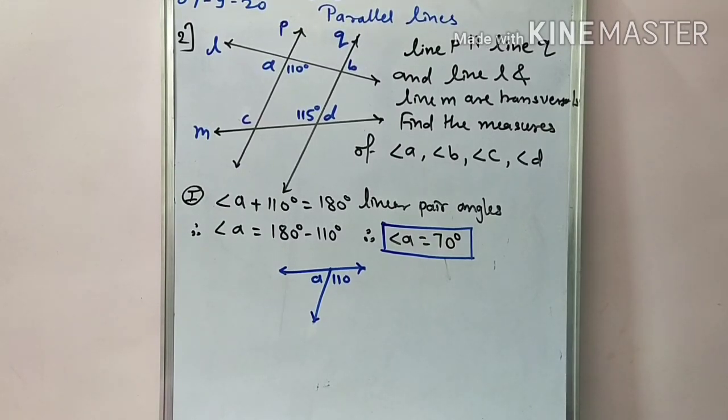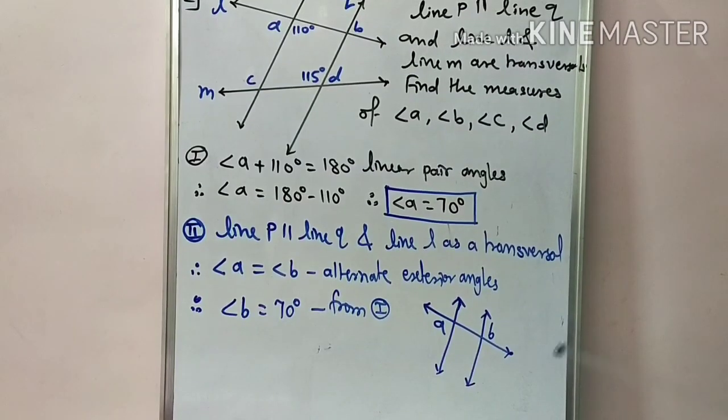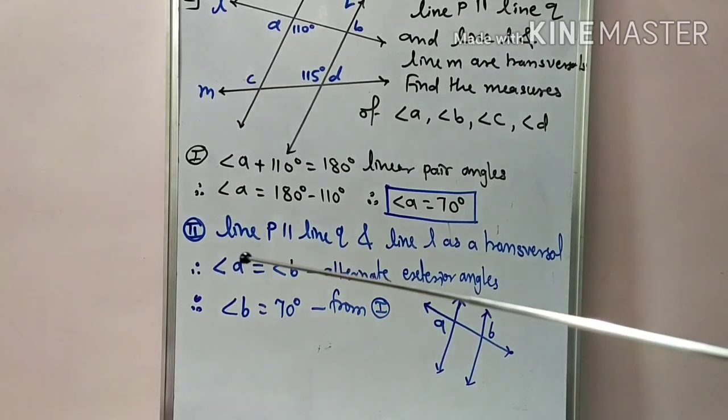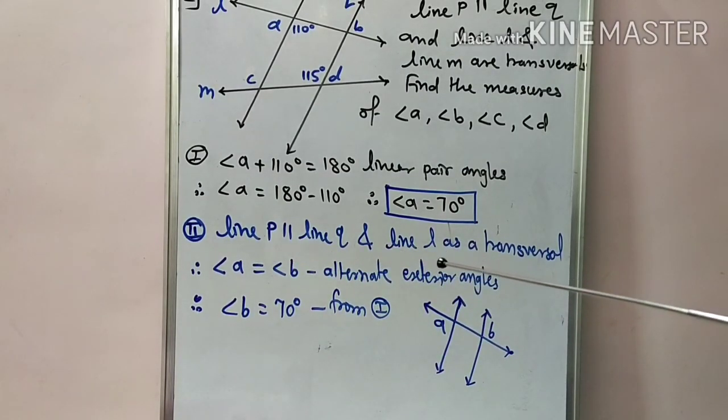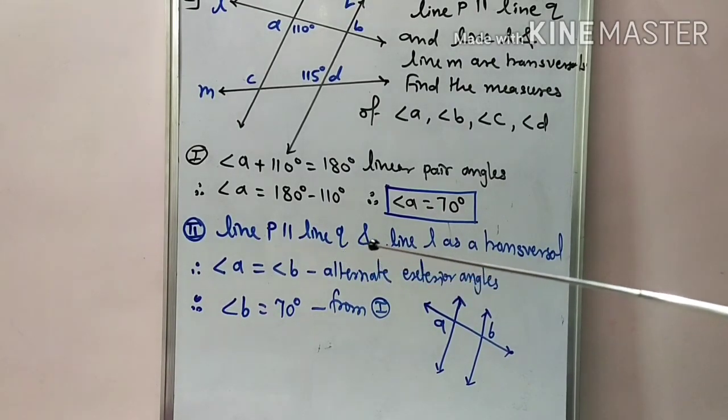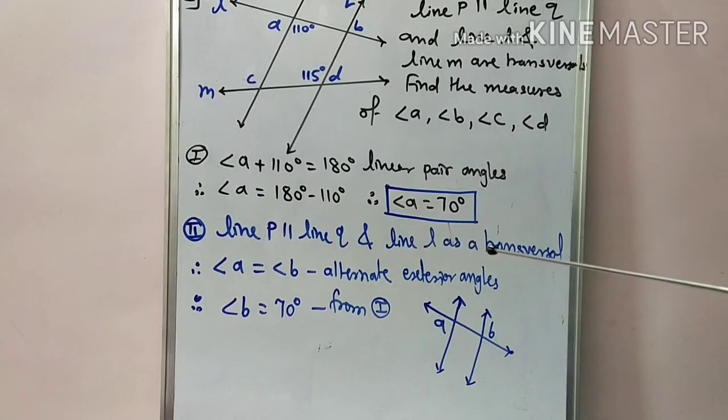A and B are alternate exterior angles formed by these two parallel lines and that one transversal. So here we name the parallel lines and the transversal also: line P is parallel to line Q and line L is a transversal.